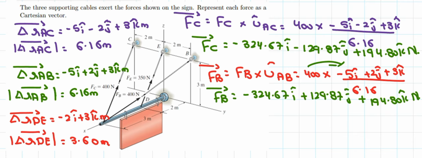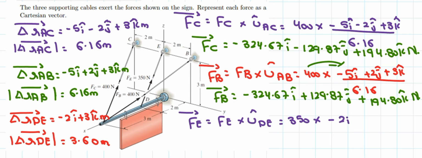Let's convert the magnitude form of FE into the Cartesian form. So FE is equal to the magnitude of FE into the unit vector of DE. So the value of FE is nothing but 350 into the unit vector, which is nothing but the vector upon magnitude. The vector of DE is nothing but negative 2i with positive 3k divided by its magnitude, and it is 3.60.